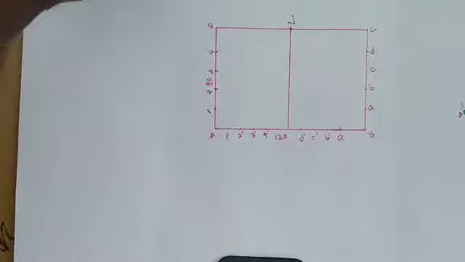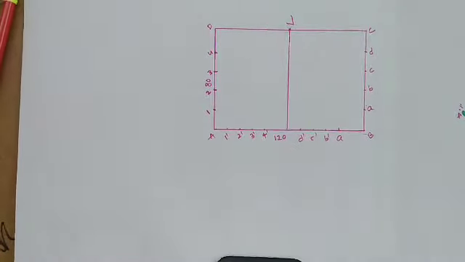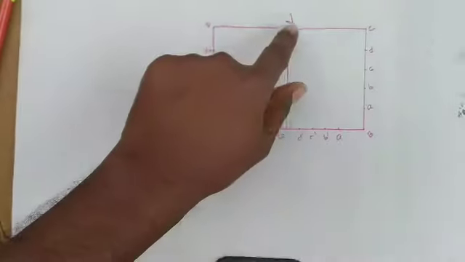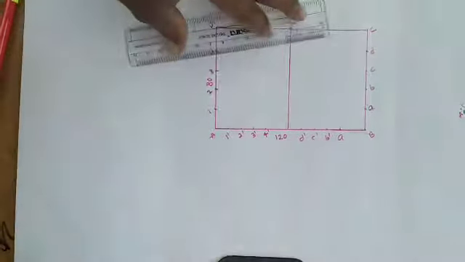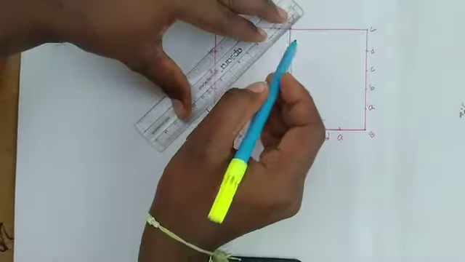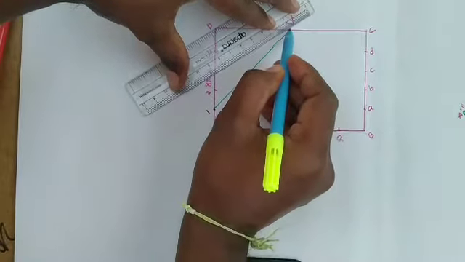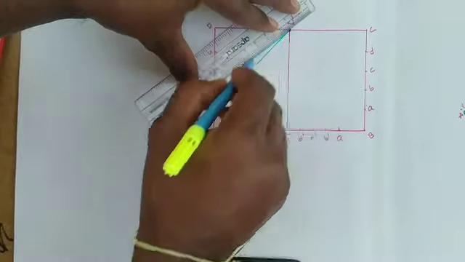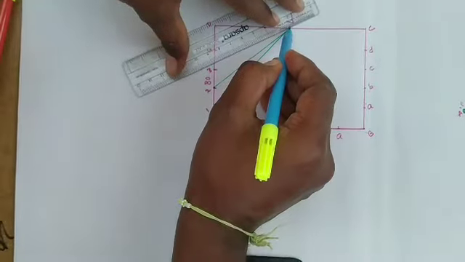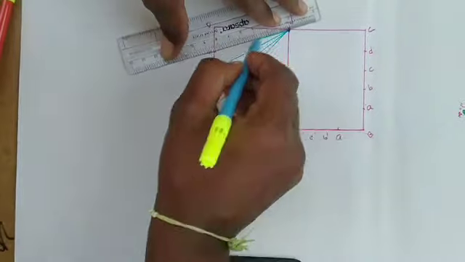Next, from the vertex point, draw lines to points 1, 2, 3 and 4, that is, vertex point to the second part, third part and fourth part.